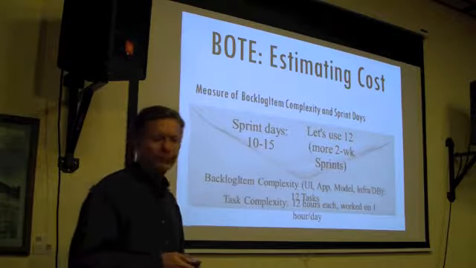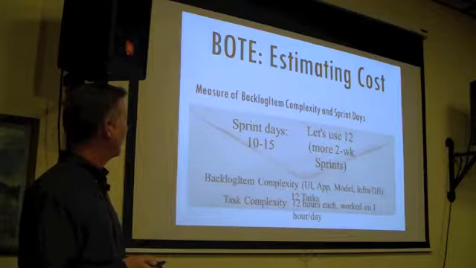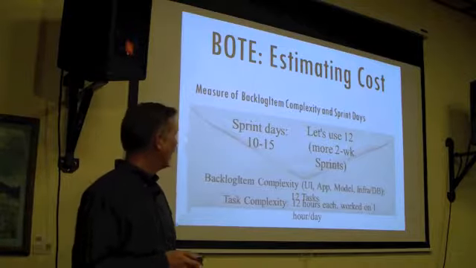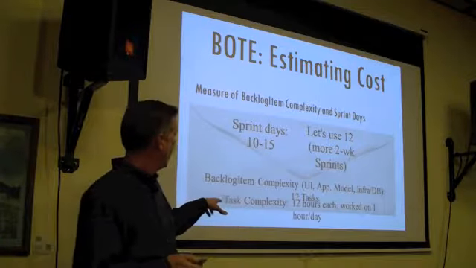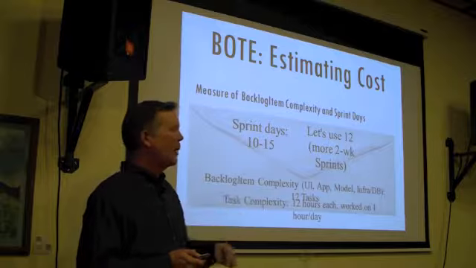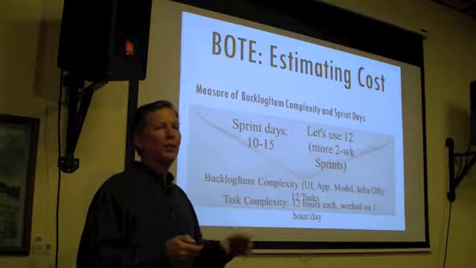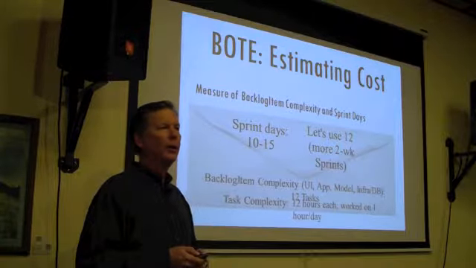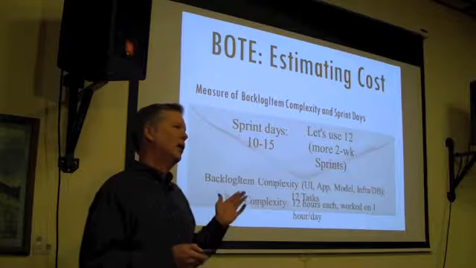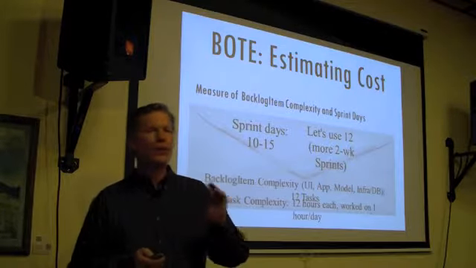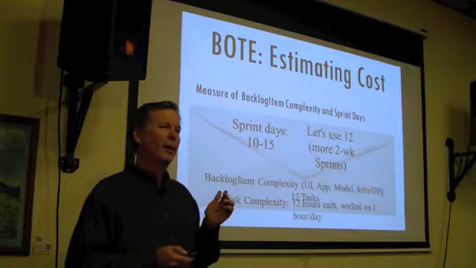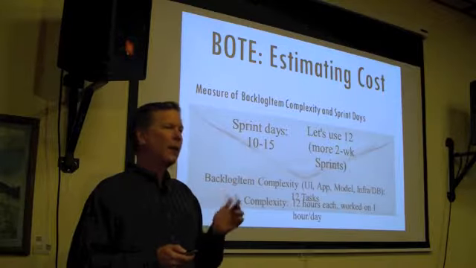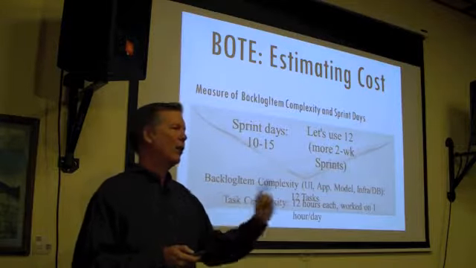So now we did sneak off the envelope there. What we're going to do, though, is say that the task complexity is about 12 hours each. That just gives us something to work with. It allows us actually to say that a volunteer team member will work on a task 1 hour per day all during the sprint.